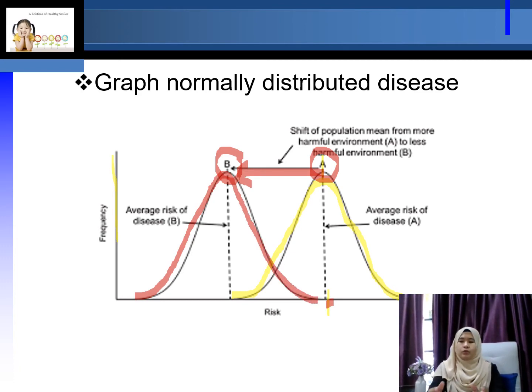So we want to shift the whole population that stays at A to the lower risk, from the high risk group towards the lower risk group. We want to shift from the harmful environment, the A environment, to the lesser harmful environment, the B environment.